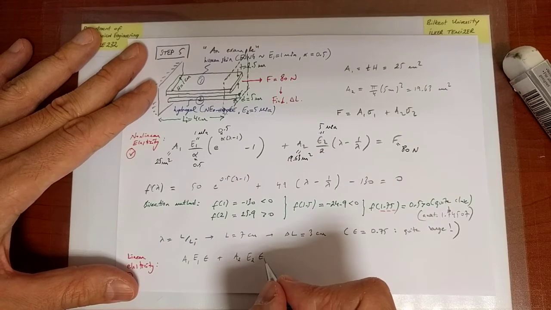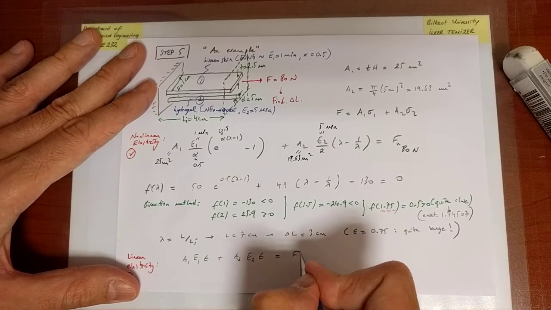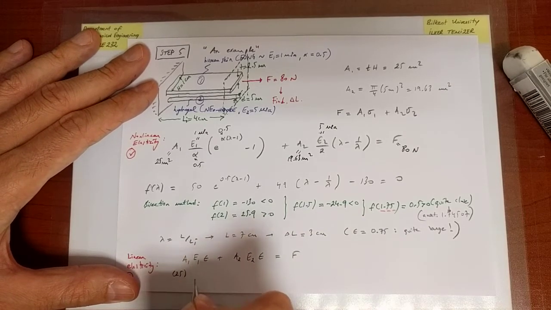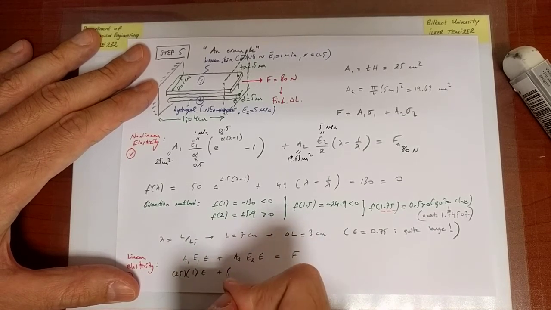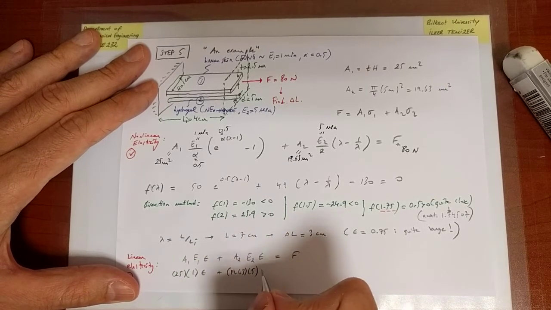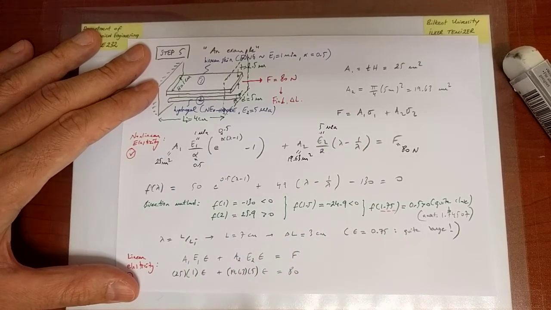I extend both biological structures simultaneously. So that's equal to the force. And I know that this is 25 millimeters squared, this is 1 MPa, epsilon, plus 19.63 millimeters squared, but multiplies 5 MPa, epsilon is 80 newtons. So units are consistent.